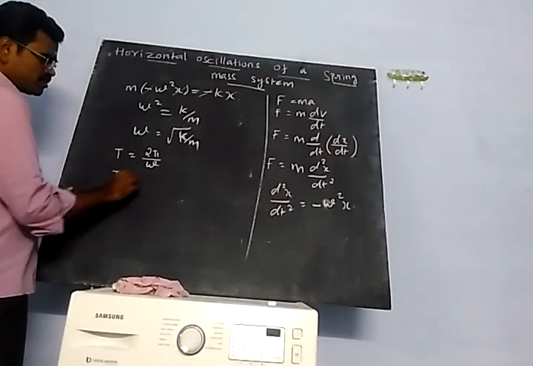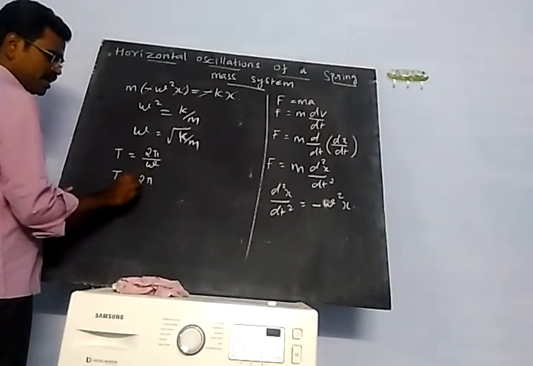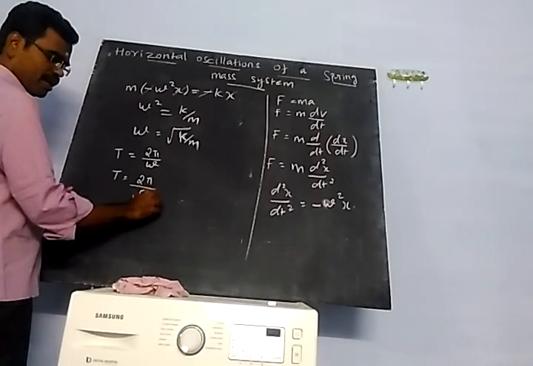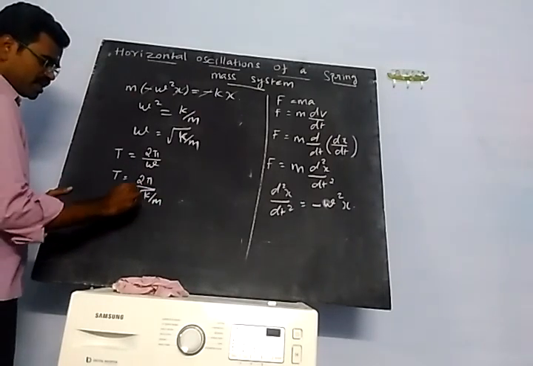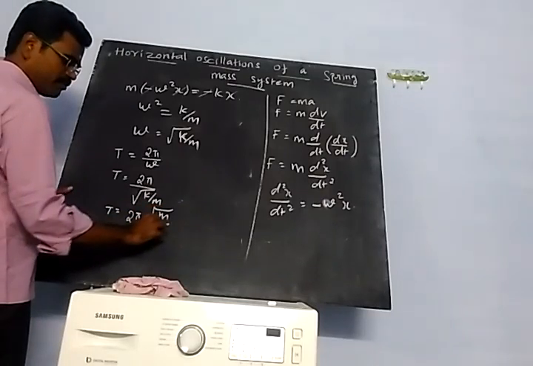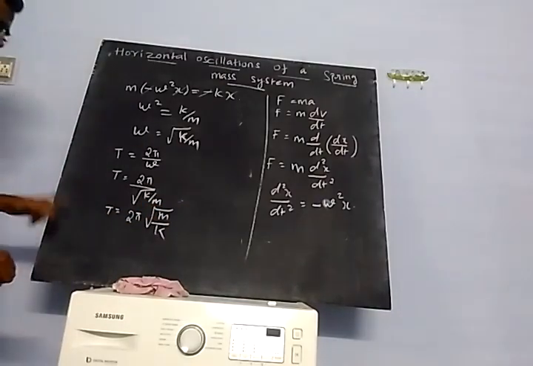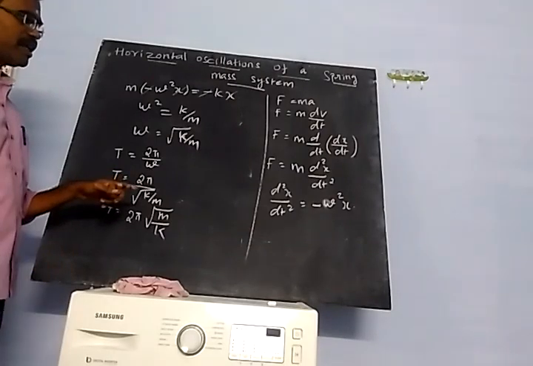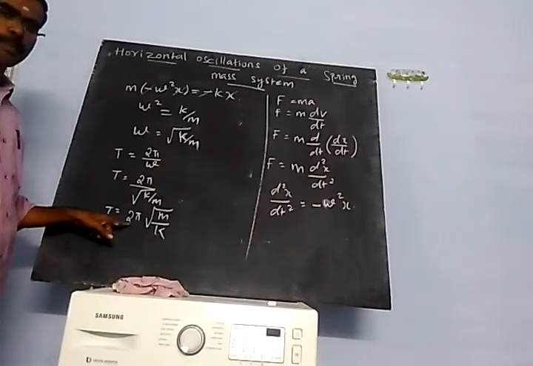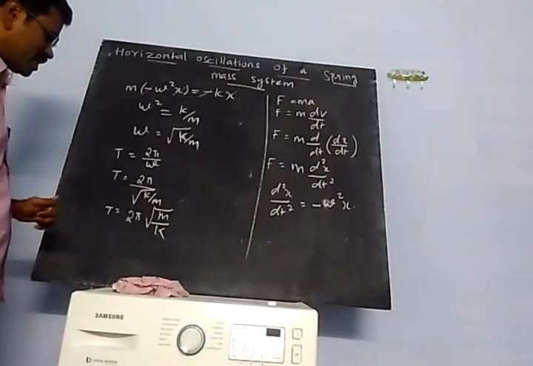Then T is equal to 2 pi divided by square root of k by m. Then T is equal to 2 pi square root of m by k. So the time period of that spring is T is equal to 2 pi square root of m by k.